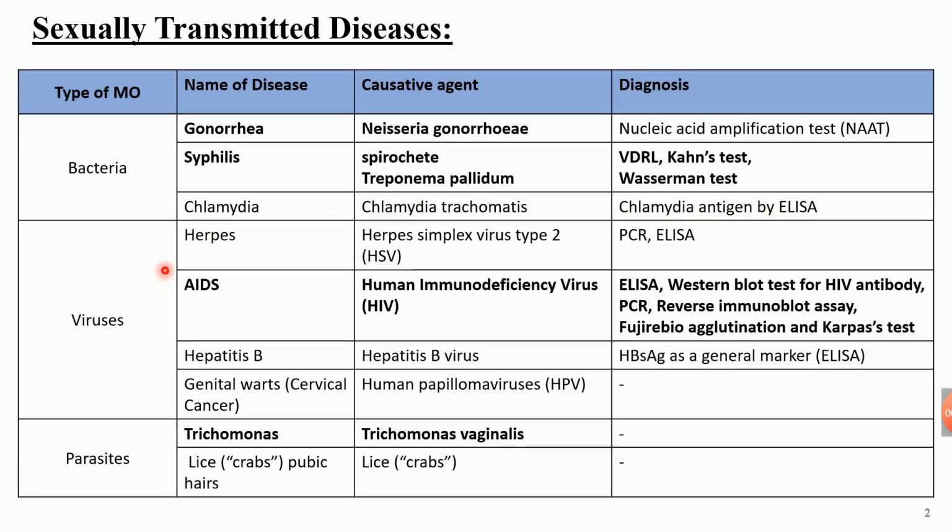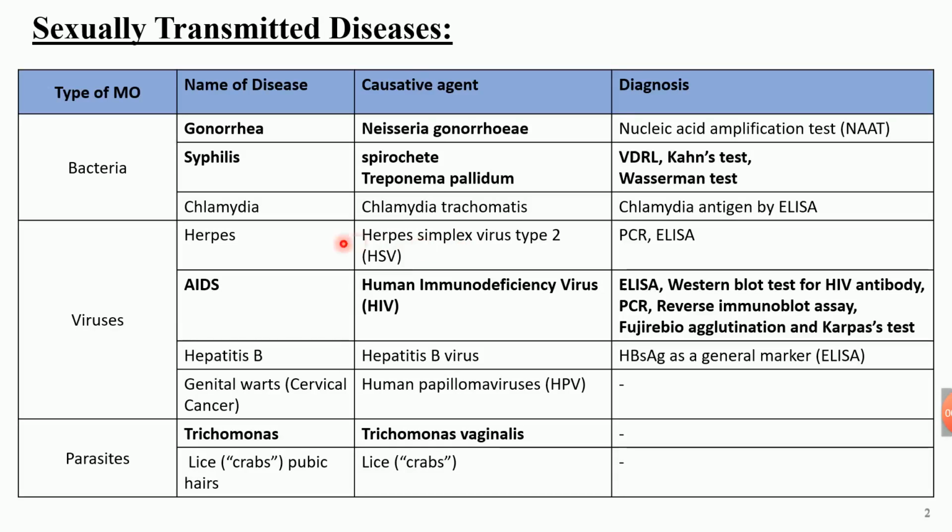Next is sexually transmitted disease caused by viruses. First of this category is herpes. Here R is silent, so the pronunciation is herpes. This is caused by herpes simplex virus type 2. There are two HSV, that is herpes simplex viruses, type 1 and type 2.